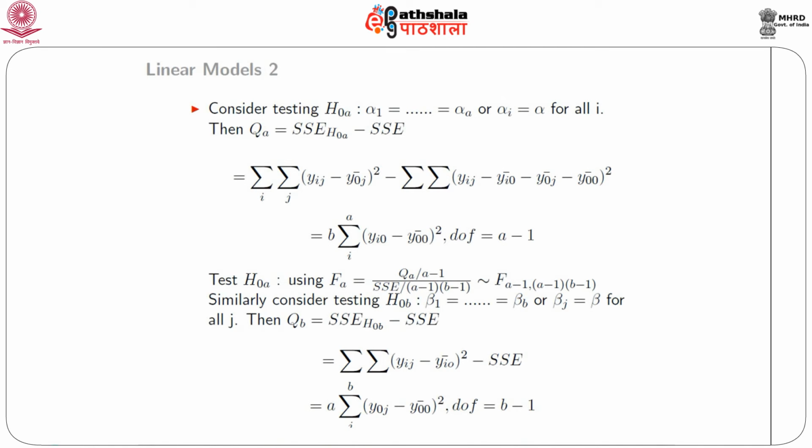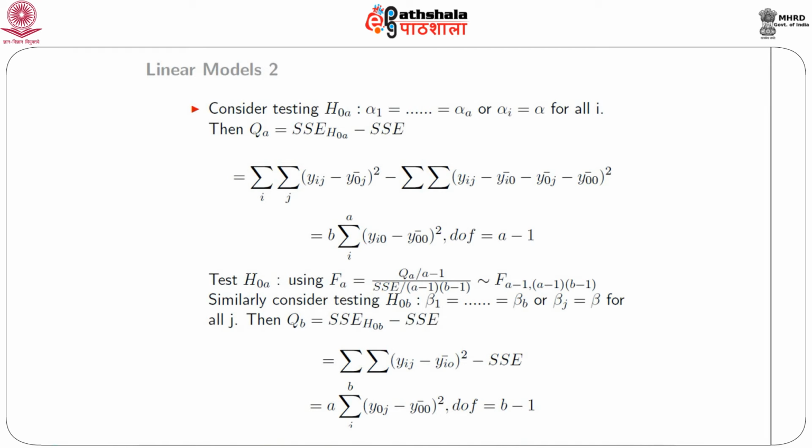However, if you really insist on knowing what you are testing, in that case consider testing H naught A, which is all the alpha i's are same, or alpha i equal to alpha for all i, then QA is SSE of H naught A minus SSE. So, it is a big expression complete with our standard typo.